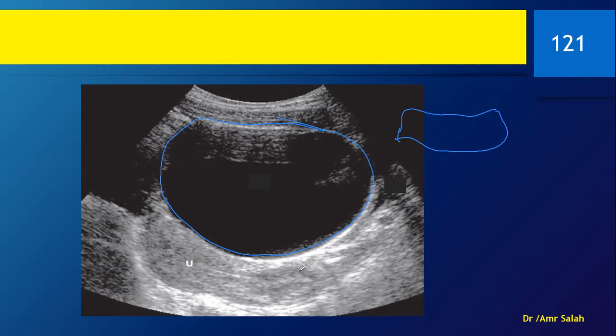And you can ask the patient to drink some water in order to make the bladder enlarge a little bit, so we can distinguish both if you're in doubt, because you might think that this is the bladder. Well, this is not the bladder. This is her ovary. This is the cyst, and this is the ovary with the cyst, and it is very, very large, and the bladder is small and pushed here.